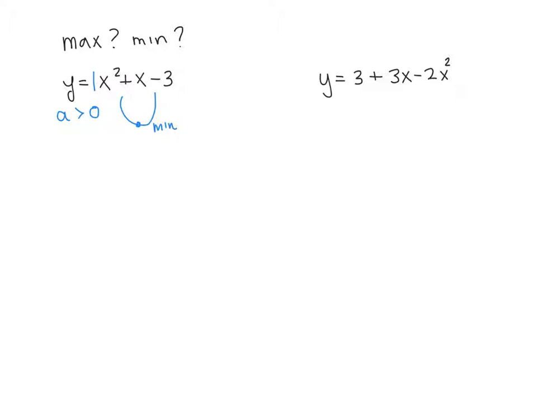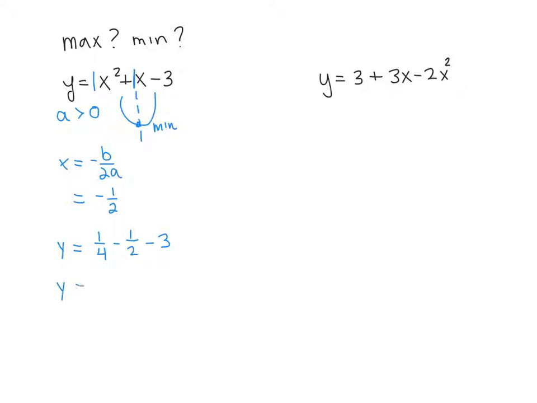The axis of symmetry is the x-coordinate of the minimum. So axis of symmetry, that's x equals negative b over 2a. In our case, b is 1, so we have negative 1 over 2. Plugging back into the equation, we can find the value of y. y is equal to negative half squared, that's 1 over 4, minus half minus 3.